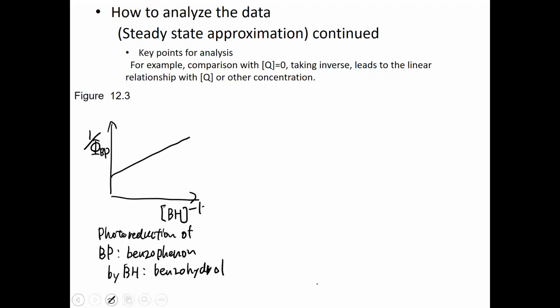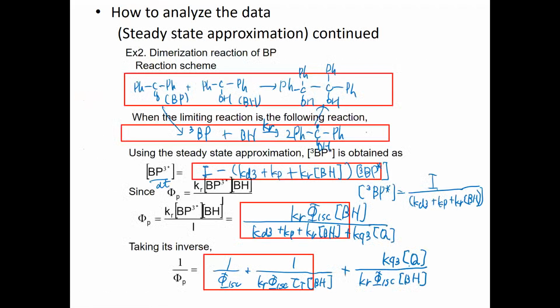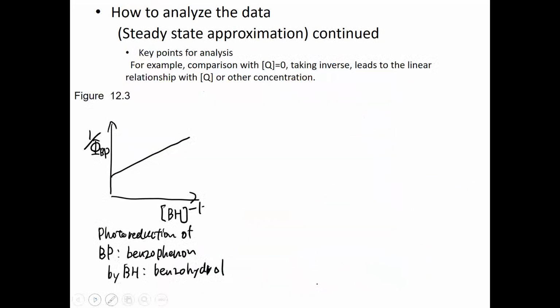For example, in this case, the quencher concentration is constant, and then these values must be inversely proportional to BH concentration. So if you take the inverse BH concentration and 1 over the benzophenone quantum efficiency, and this is a linear relation, you can conclude your assumption is correct.